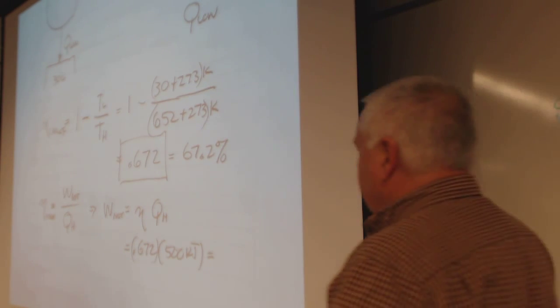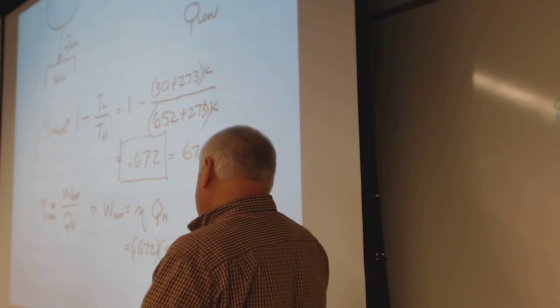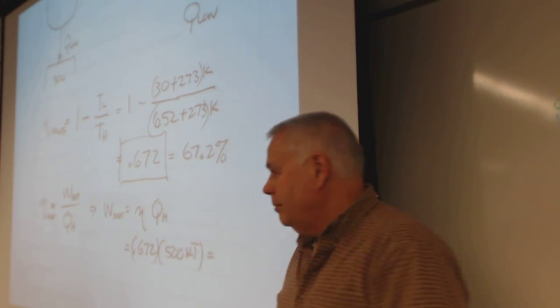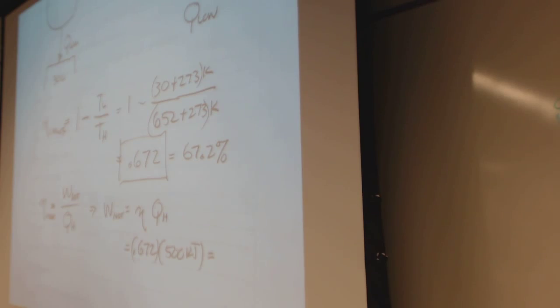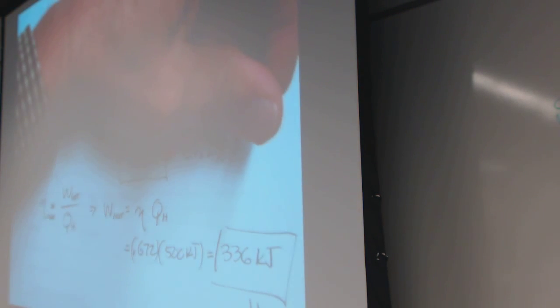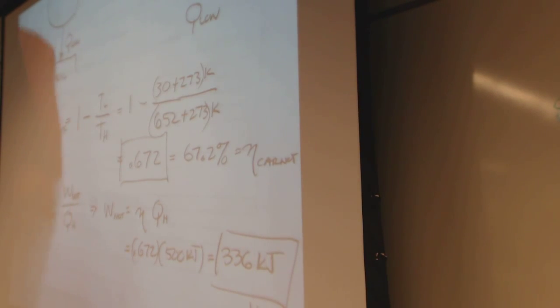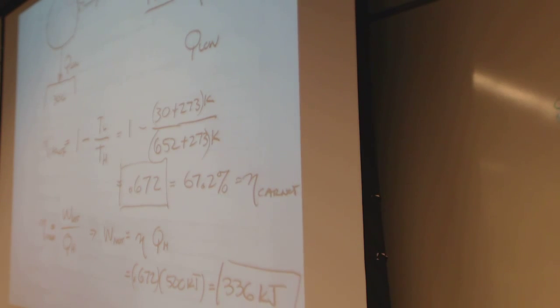And therefore we got 336. That's the most we could hope to get, and that means doing conservation of energy on my diagram up there. We got 500 in, we got 336 coming out.